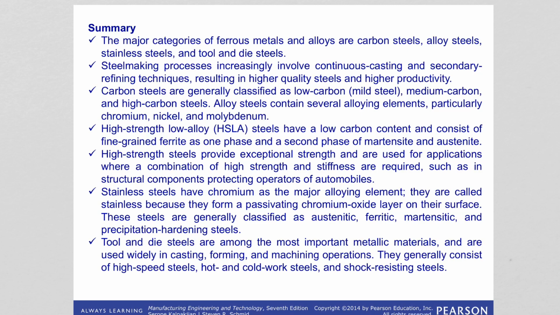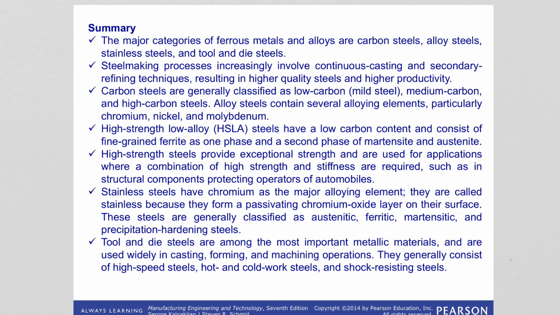And we looked at carbon steels and classified and characterized them based on their carbon content. And we have seen that with the carbon content, the strength is increasing. And we have looked at high strength, low alloy steels.